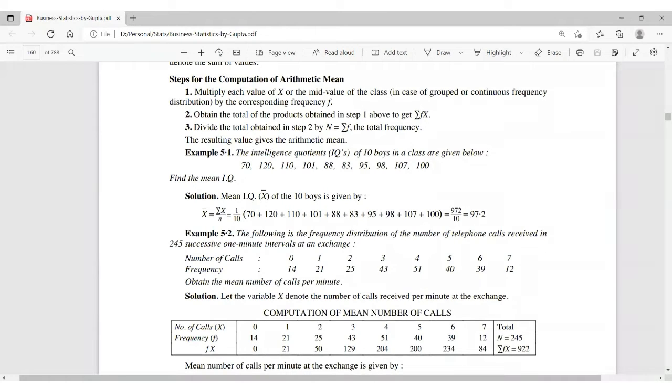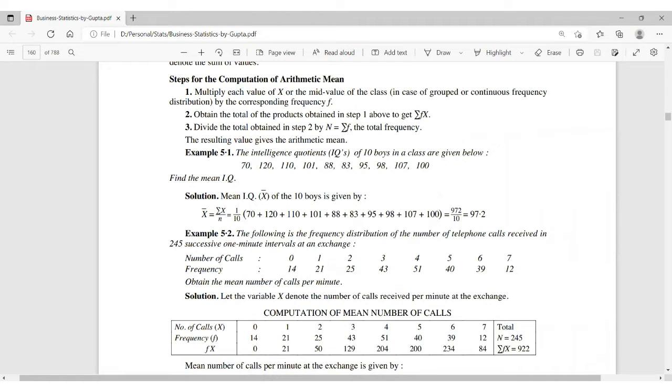That's why they only write it. Number of times the value is occurring: if 70 occurred twice it would be 70 times 2. Here every variable occurs only once, not more, so the 1 has no meaning; they wrote it outside the bracket.